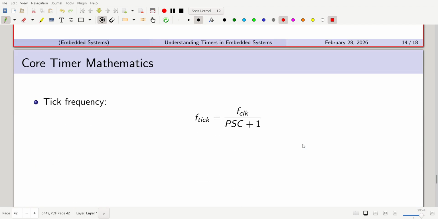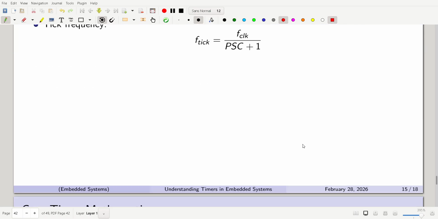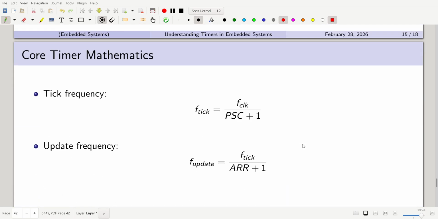Core timer mathematics. Tick frequency is equal to F clock divided by (PSC plus 1), where PSC is the prescaler counter. Update frequency f_update is equal to f_tick divided by (ARR plus 1).